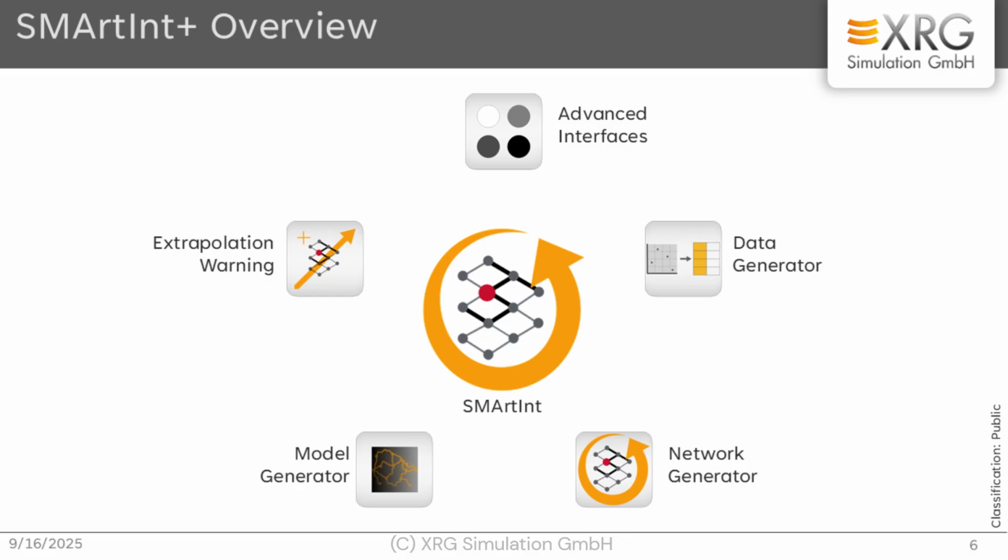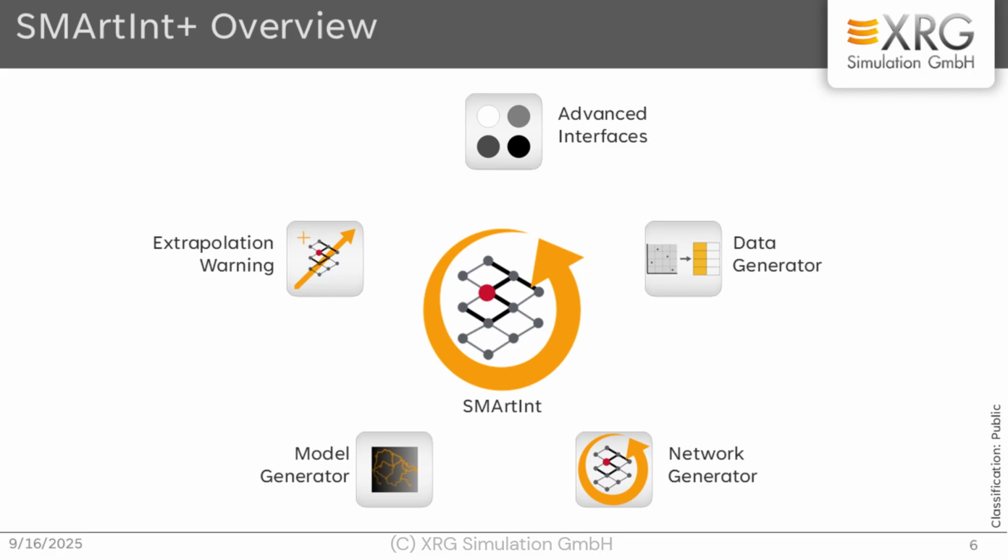With that we come to SMArtInt Plus. SMArtInt Plus is the commercial version of the SMArtInt library, and it extends the functions. In the middle we have our core SMArtInt, and we extend it with advanced interfaces. I think all of these points we see here we will use in this tutorial. We have an additional data generator that helps us generate training data, as well as a network generator to train neural networks.